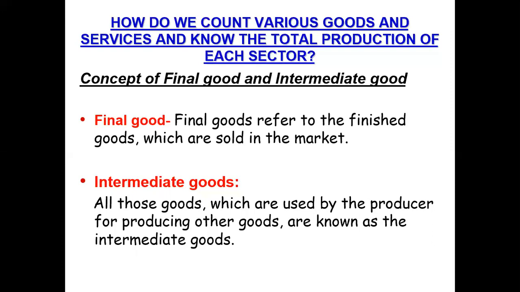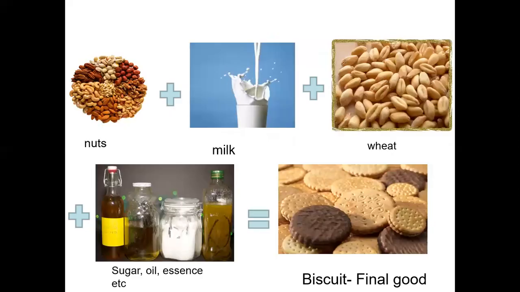The GDP of India is prepared by various government departments of all states and union territories. All estimates are added to estimate the GDP. So these are all the intermediate goods: nuts, milk, wheat, sugar, oil, essence, and the final good is biscuit.